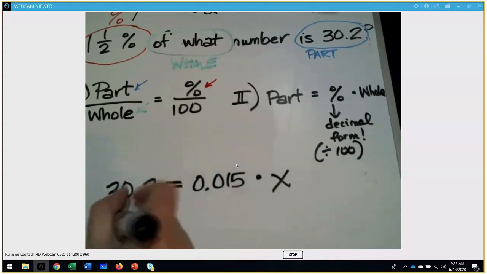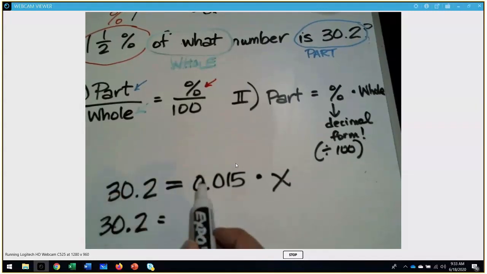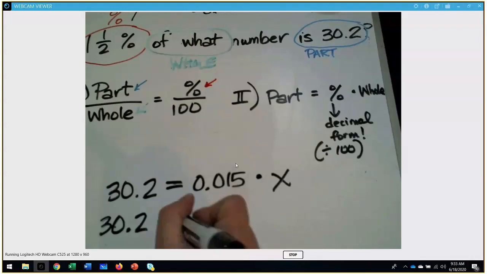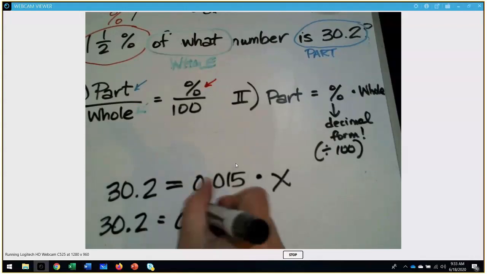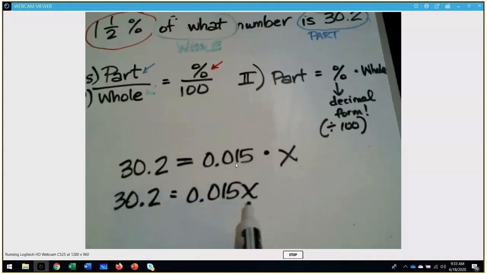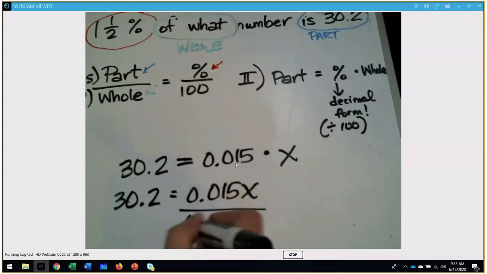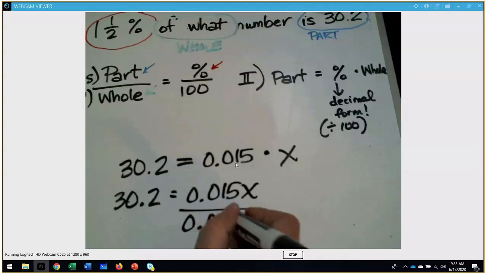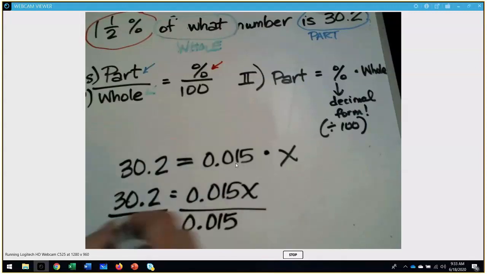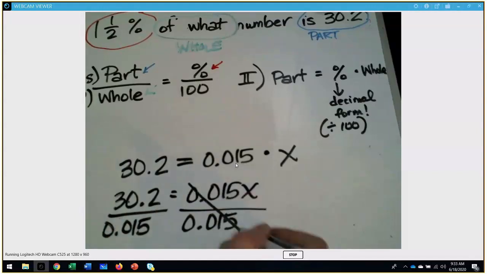So 30.2 equals this times x, which is just 0.015x. And just like with a proportion, if you're trying to isolate the x, you divide by whatever's in front of the x, no matter what side of the equal sign it's on. That way, this one and this one cancel.